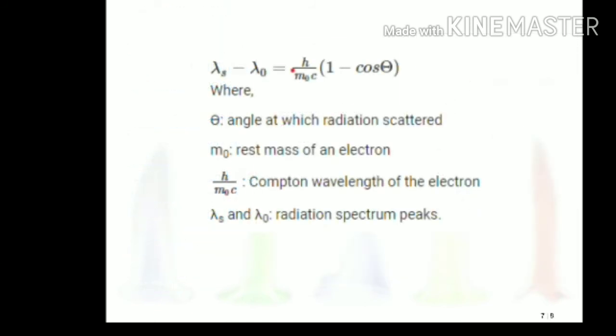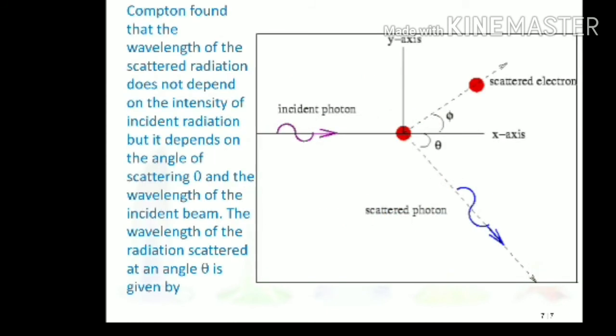Here, from this Compton effect, the wavelength of the scattered radiation does not depend on the intensity of the incident radiation, but it depends on the angle of scattering and the wavelength of the incident beam.